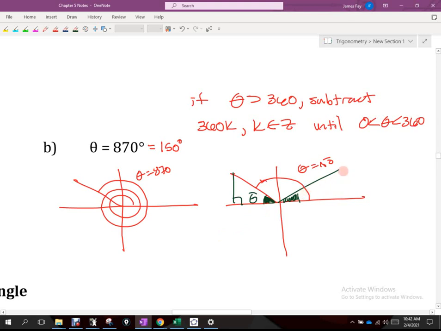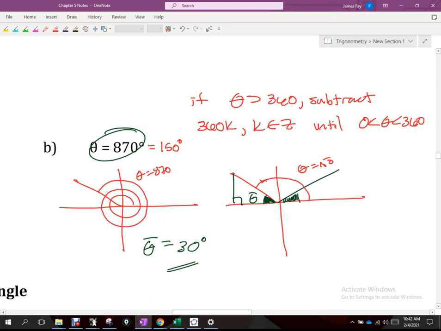But everything that we know about the person that rotated 30 degrees will tell me everything I need to know about the person rotating 150 degrees, except for the plus or minus aspect. So my reference angle here for 870 is 30 degrees.